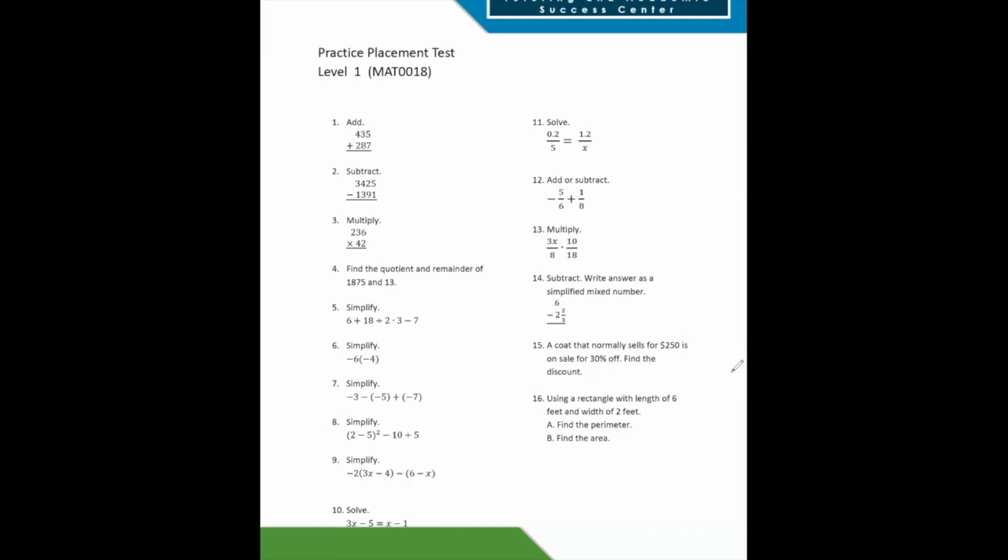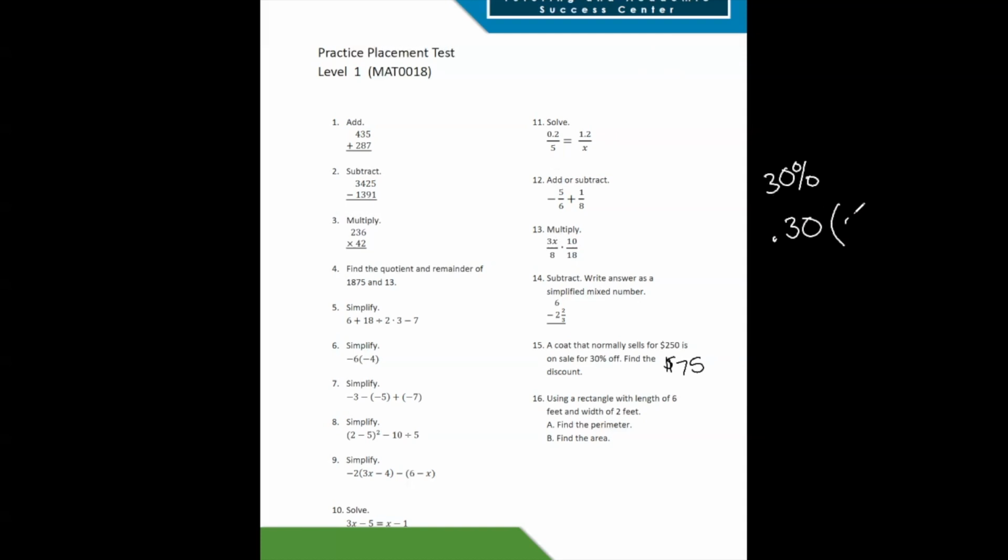In 15, it says a coat that normally sells for $250 is on sale for 30% off. Find the discount. So for number 15, the discount is going to be $75. I'll get that by doing 0.30 because that's 30% as a decimal.